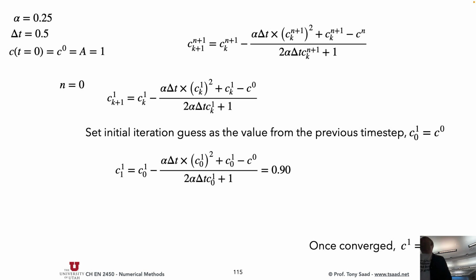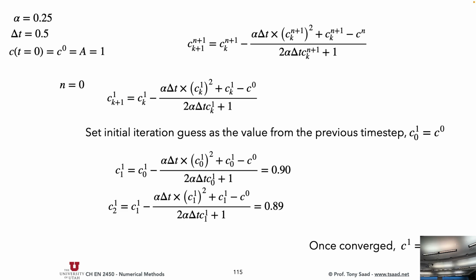You use that to improve your guess. You go to C2. Now, k is equal to 1 here. So this would be ck plus 1, which is C2. And you continue all the way. Our objective, remember, is to find C1. We're going to continue iterating until we converge. And once you converge, okay, that's the number for convergence in this case.